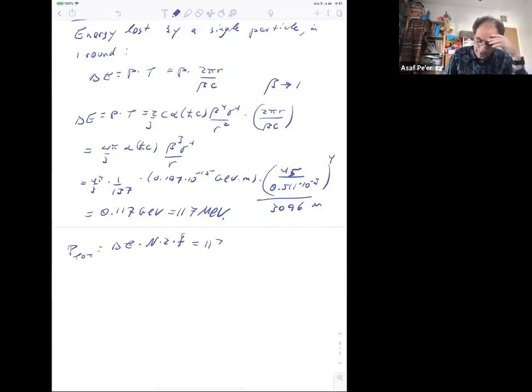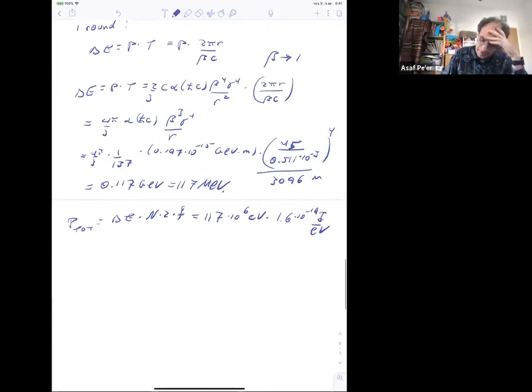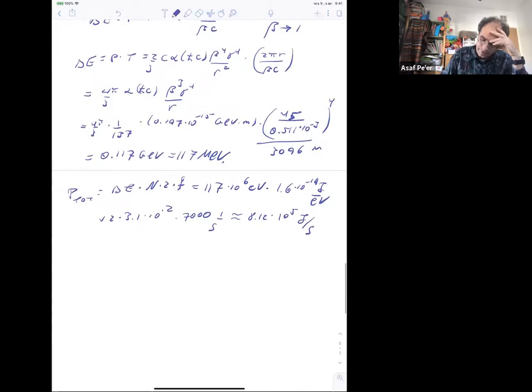So 117 times 10 to the 6 electron volts, which we can convert to joules, 1.6 times 10 to the minus 19 joule per electron volt, times 2 times 3.1 times 10 to the 12 particles times 7,000 times per second. That gives roughly 8.12 times 10 to the 5 joules per second, or 812 kilowatt.